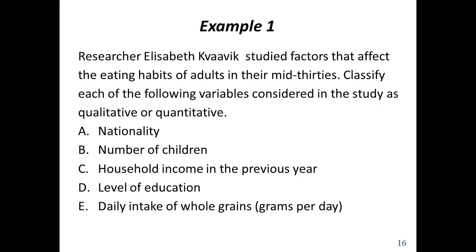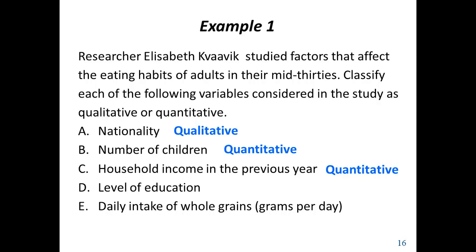Now, let's go to see these examples, if the data will be qualitative or quantitative. Nationality, for example, American, Indian, and so on. So this is going to be qualitative. Number of children in a family, 1, 3, and so on. So this is a number, this is going to be quantitative. Household income in the previous year, 40,000, 50,000, so this is going to be quantitative.